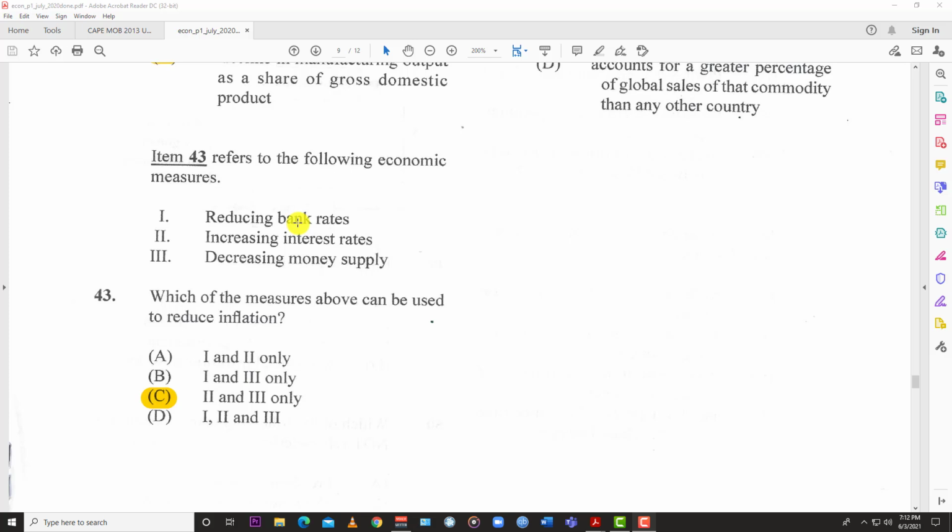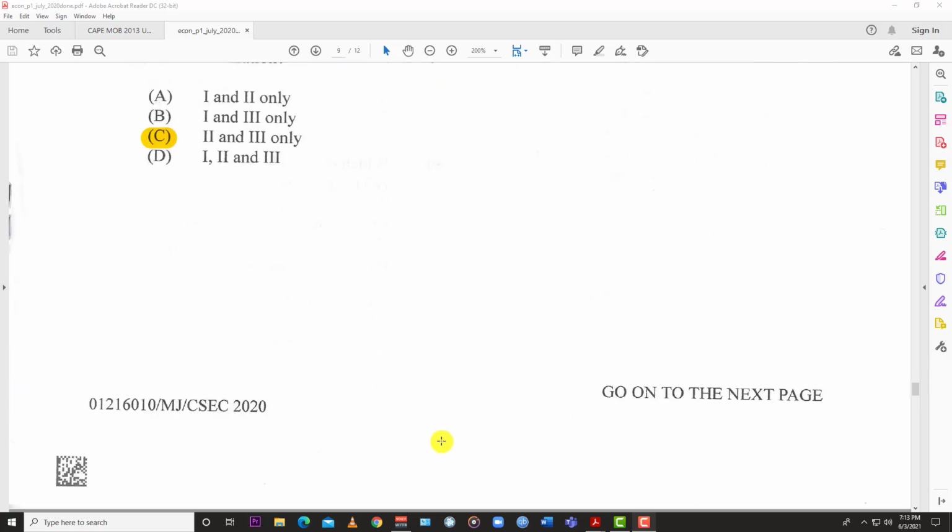And if it can create more money, that means that money is more available in the economy, and so it would basically increase inflation. Right? So if you want to reduce inflation, you would tighten the amount of money that the bank can lend by increasing the rate. So any option with 1 cannot be right, because reducing the bank rate could never lead to reduced inflation. That would increase inflation. So 1, 2, 3, we got 1, so the answer has to be C.